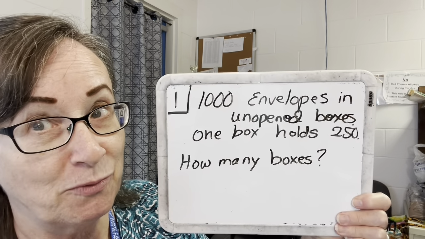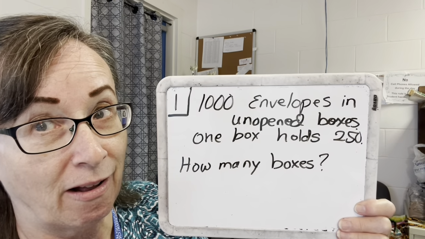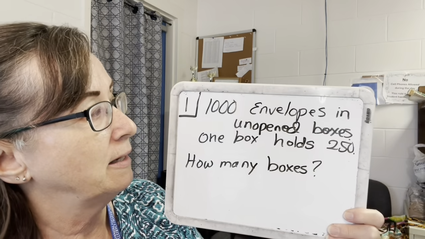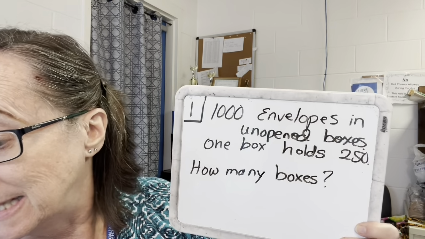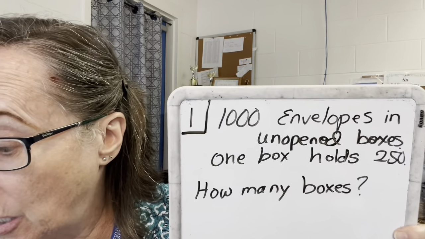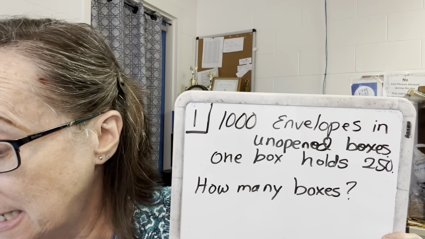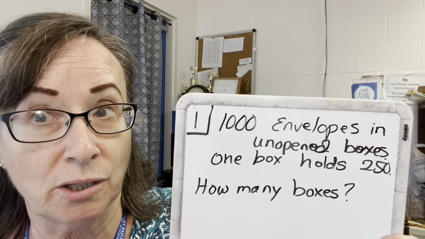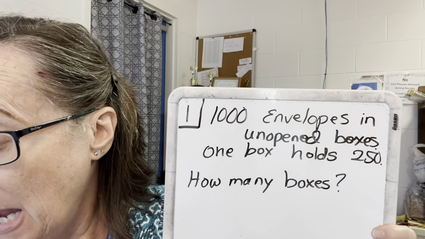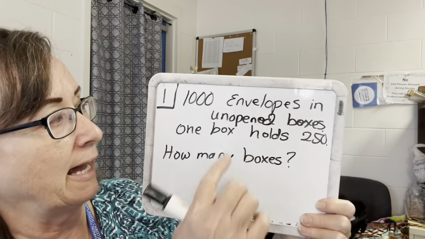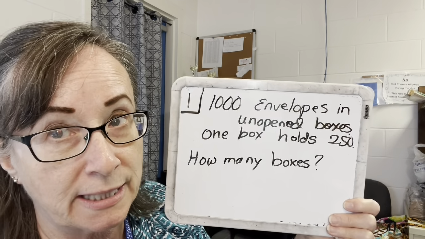Okay, so now we're doing problem number 1 in your problem set. So hopefully you've had your packet out all this time, copying these down and showing your work. Okay, in number 1, it says there are 1,000 envelopes in unopened boxes in the office closet. If one box holds 250 envelopes, how many boxes of envelopes are in the closet? Okay, so there are 1,000 envelopes altogether.